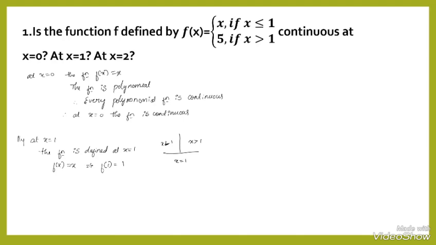Again, for the left-hand limit, the limit as x tends to 1 minus of f(x). What is the function at x less than 1? We define f(x) for x less than 1 as x.